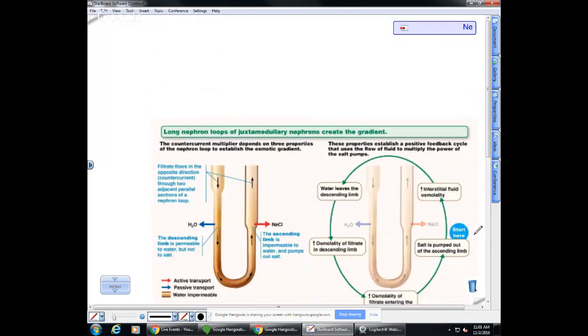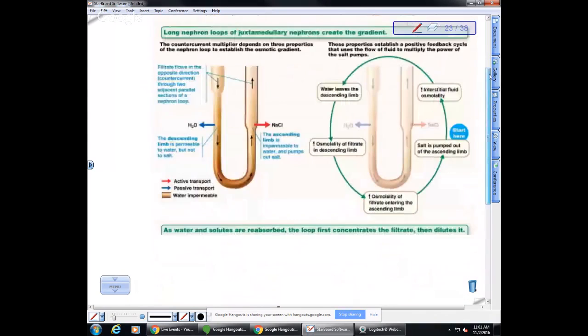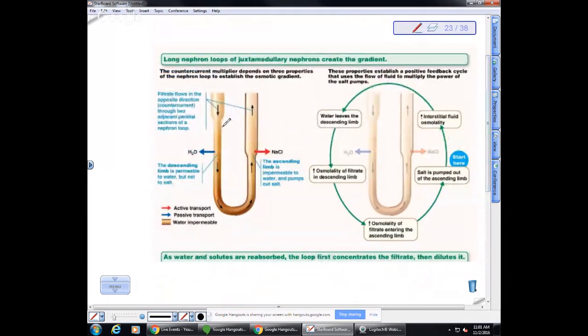So if we look at this, this is a diagram from your book. This shows the descending limb. Water gets drawn out and it's passive. So blue is passive, does not take energy. In the ascending limb, water gets stuck in there. It cannot move, and that is important because we don't want water to move back in, since this might be more concentrated in solutes, so it would suck water back in.